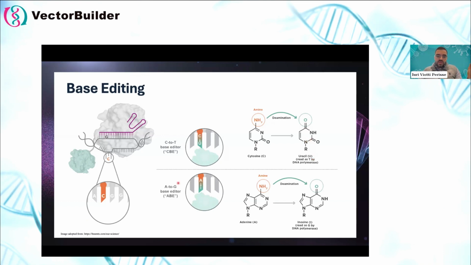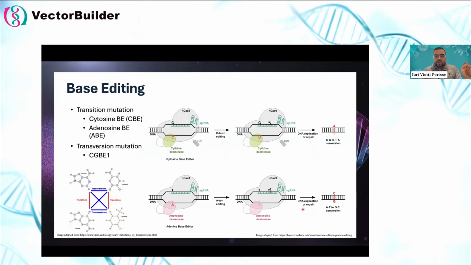The other option, using the ABE with the adenosine base editor, is removing that amine group, and then it is identified as inosine. But the inosine is replaced by the DNA polymerase with a guanine. So what you are performing here is changing the CG to become a TG. So it's a very precise single nucleotide that you are modifying.